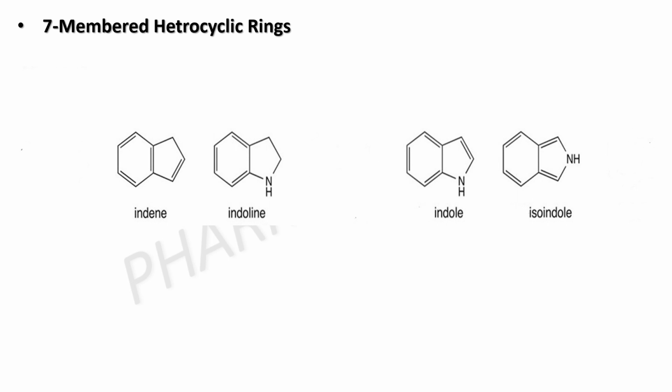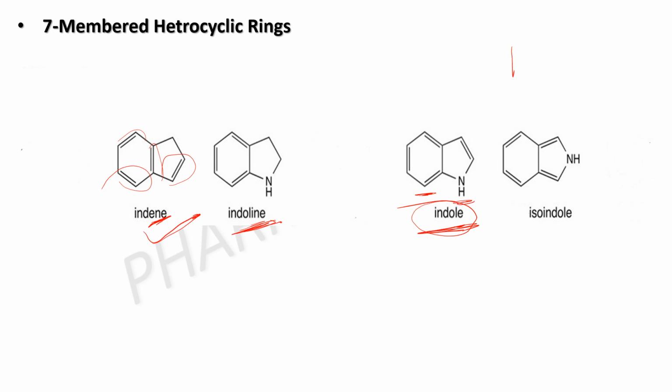Coming to the next, the fused ring systems. First structure, indene. The 'ene' represents a double bond; there is the presence of a double bond. Indoline is without the double bond. Indole: how to remember indole? Indole is just benzene fused with pyrrole.